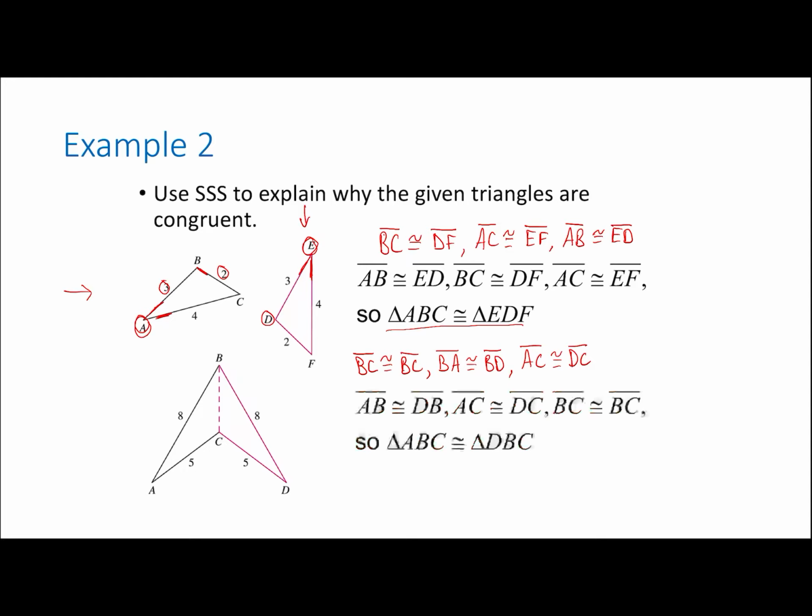And so again, because we can show that all three sides are congruent, then we know these two triangles have to also be congruent. And so again, that's what it says here. Each of those being congruent, and so therefore the triangles are congruent.